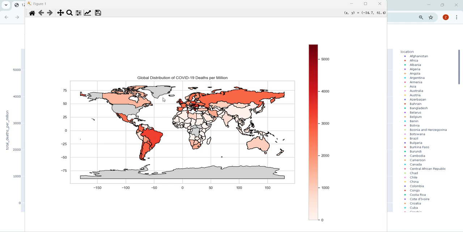The light gray represents that there is no data about these countries because the population is lower than 1 million, so we don't have the data about them. And we can see that Asia and Africa have a lower mortality rate.